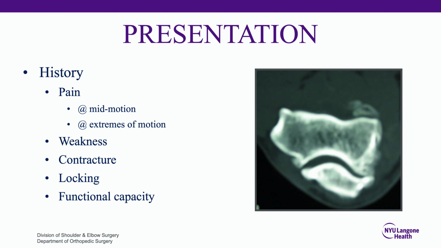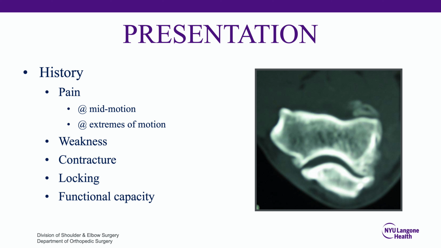When a patient presents to your office, you're going to have to understand exactly what the symptoms are. Obviously, the most common complaint will be pain. In addition, they may complain of weakness, contracture, intermittent locking about the joint, as well as some decrease in functional capacity. In terms of pain, I also want to stress to you that you have to understand whether the pain is occurring at mid-motion or only at extremes of motion, because they're going to be treated separately and with different methods.